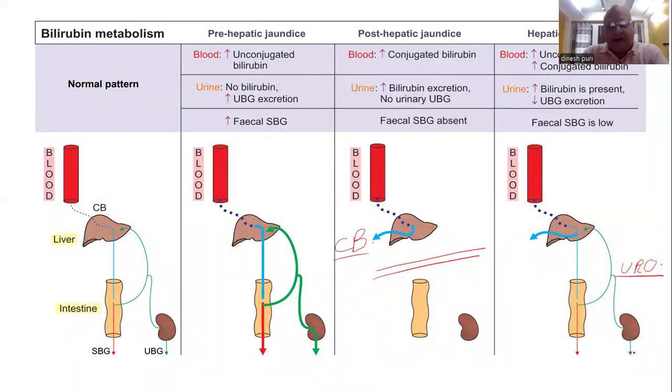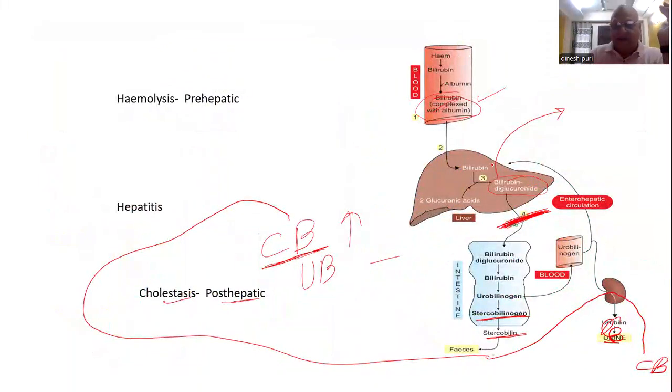Logically speaking, it should fall because less conjugated bilirubin is entering the intestine. Less is the formation of bilirubin diglucuronide, less bilirubin diglucuronide is entering here, less will be the urobilinogen formation. So logically speaking, less urobilinogen should be in the urine, but it is increased. Why is it so? Thanks.